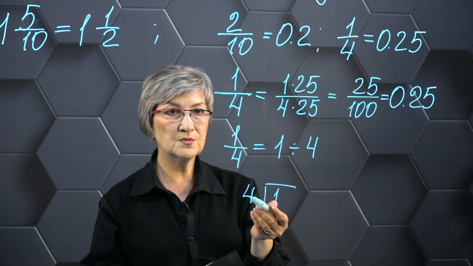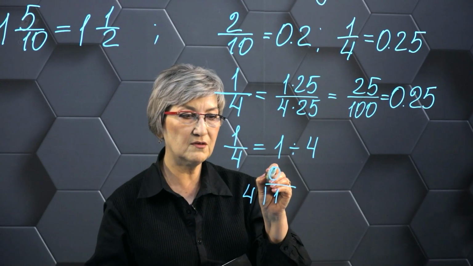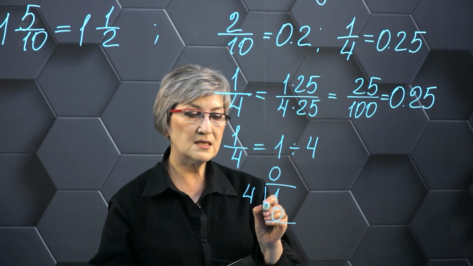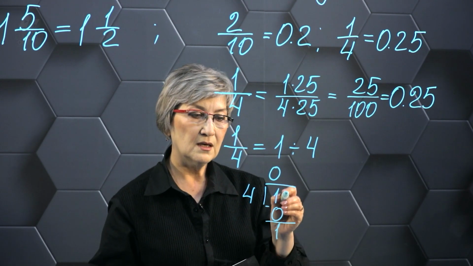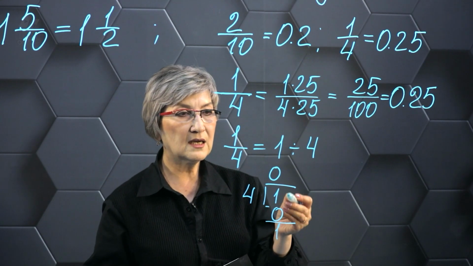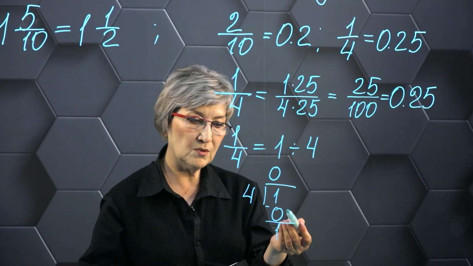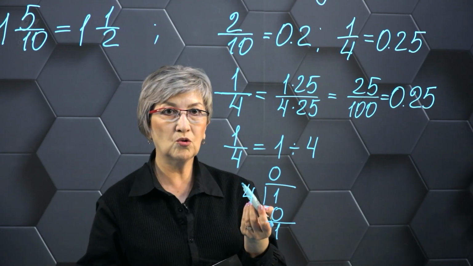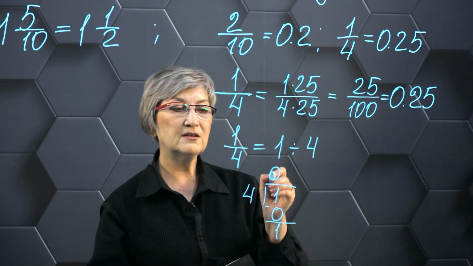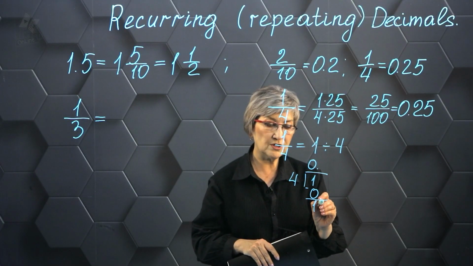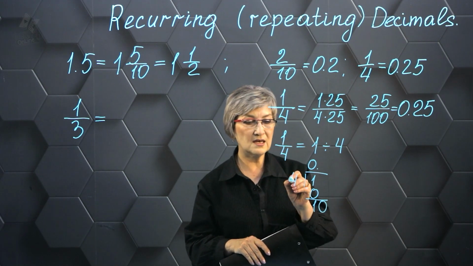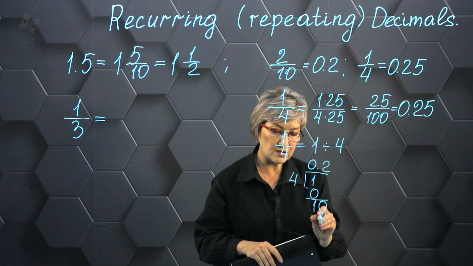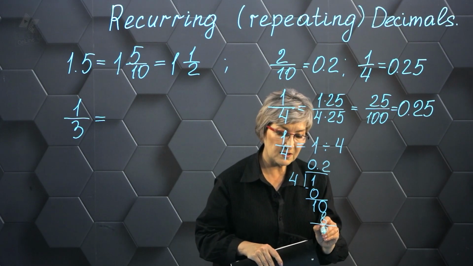We can't divide 1 by 4, so we write down 0. 0 times 4 is 0. 1 minus 0 is 1. There are no further digits that we can bring down, so I'm allowed to add 0, but in the answer, I put a decimal point and add a 0. 10 divided by 4 takes 2. 2 times 4 is 8. 10 minus 8 is 2.